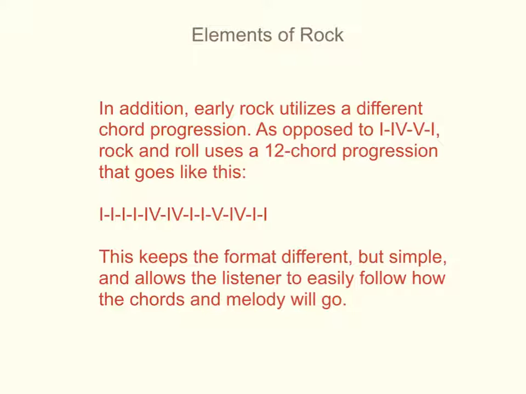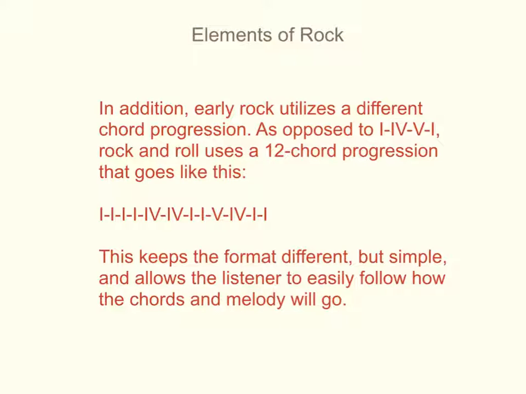However, rock and roll used a 12-chord progression. For the first 4 chords, it is all repeated 1 chords, followed by 2 4 chords, and then another 2 1 chords, creating a plagal cadence. The last 4 chords go in the opposite order that you would think.